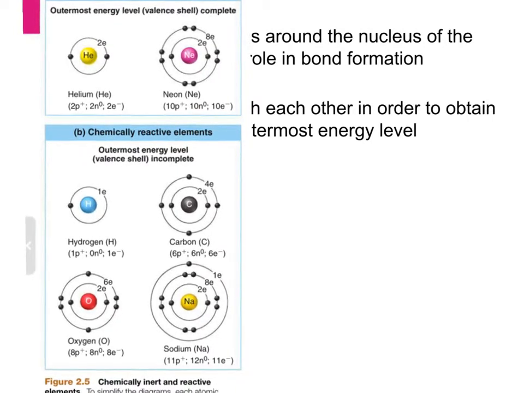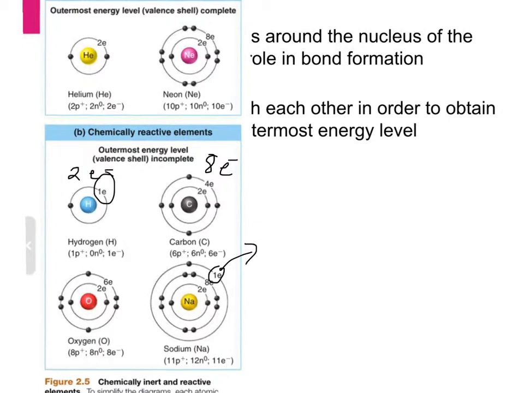For example, here we have hydrogen. Hydrogen has one electron at its outermost energy level, but it wants to gain 2 electrons. So it's going to take an electron from another atom. On this side we see carbon. Carbon has a maximum of 8 valence electrons, but it only has 4, so it needs to gain 4 more. And here we see sodium.